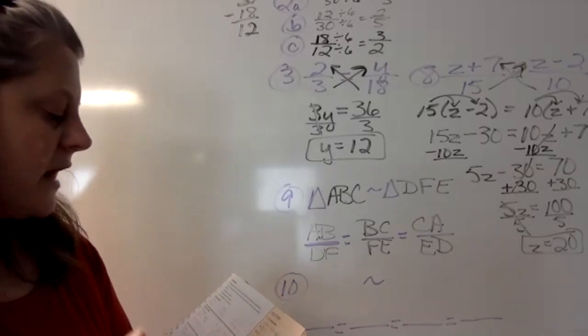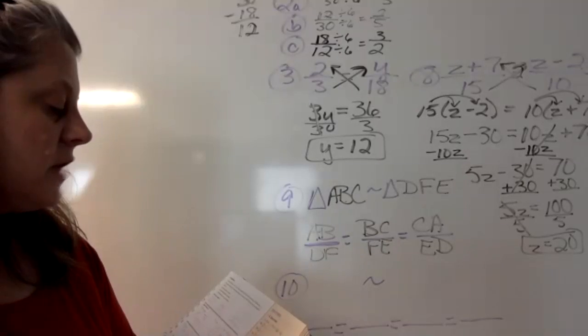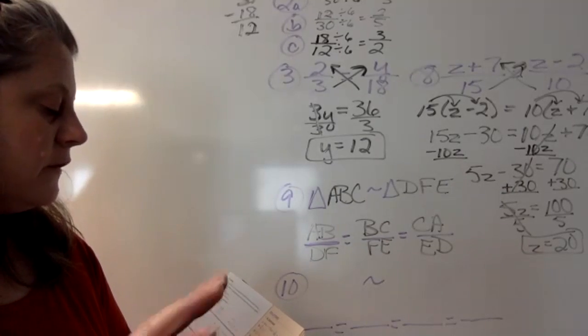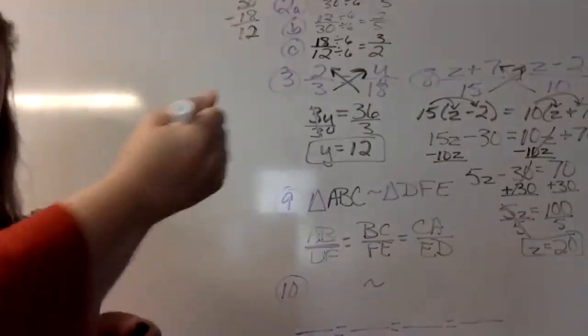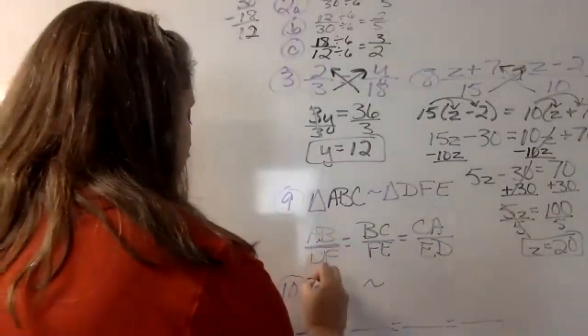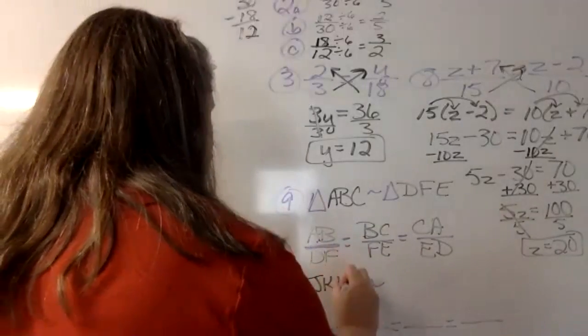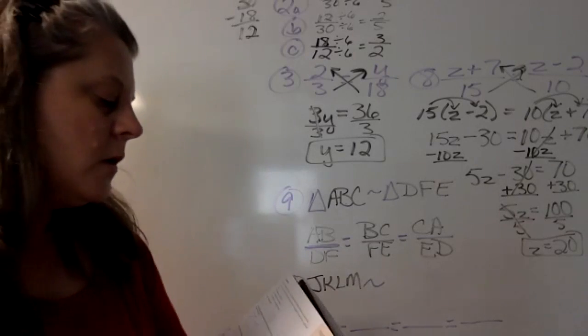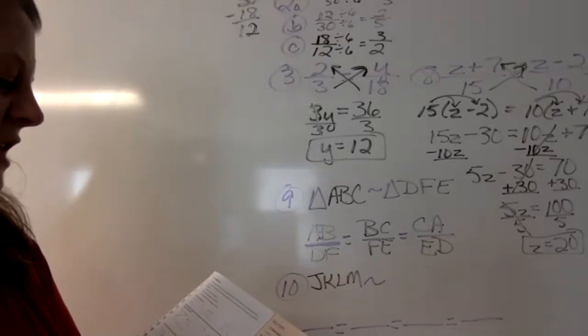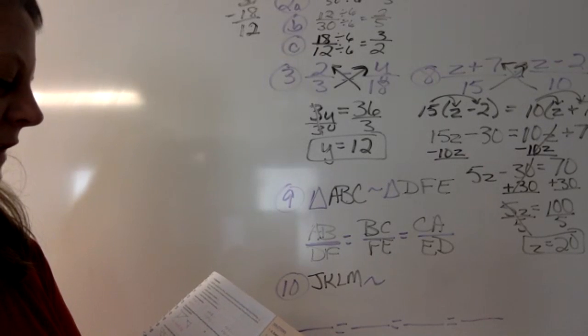So they're trapezoids. When you're naming the trapezoids, I'm going to do the first trapezoid on the left in alphabetical order. So I have JKLM. And that's similar to, and then I have to match up what is in the same position as J in the second trapezoid.